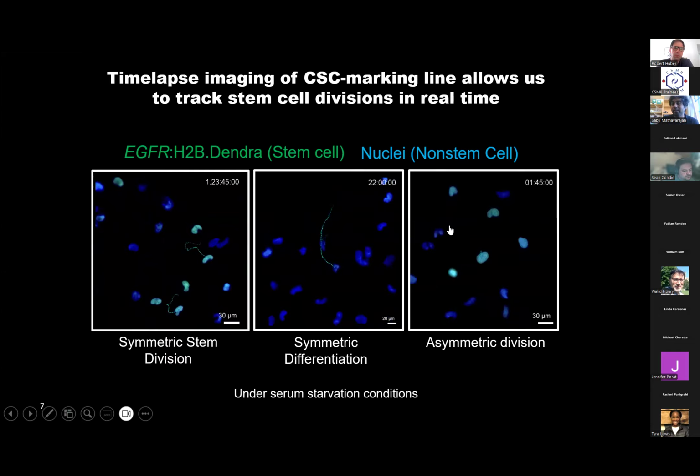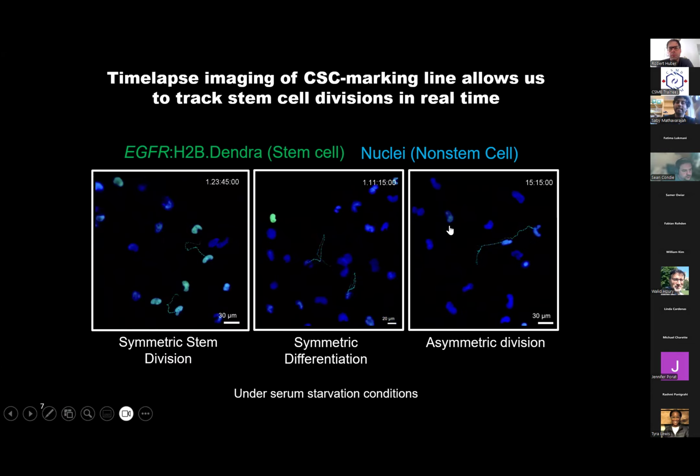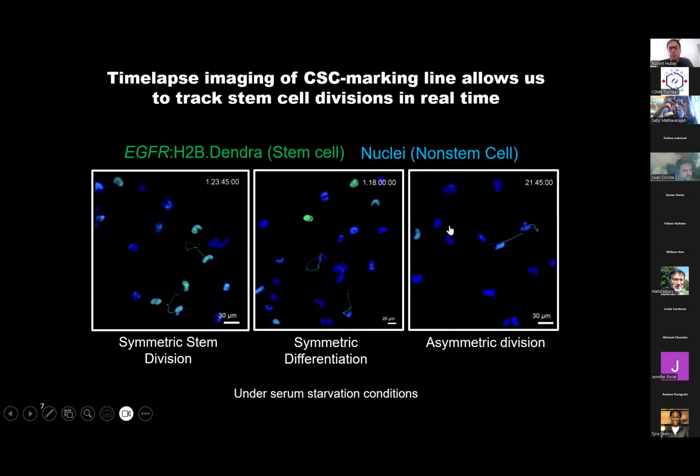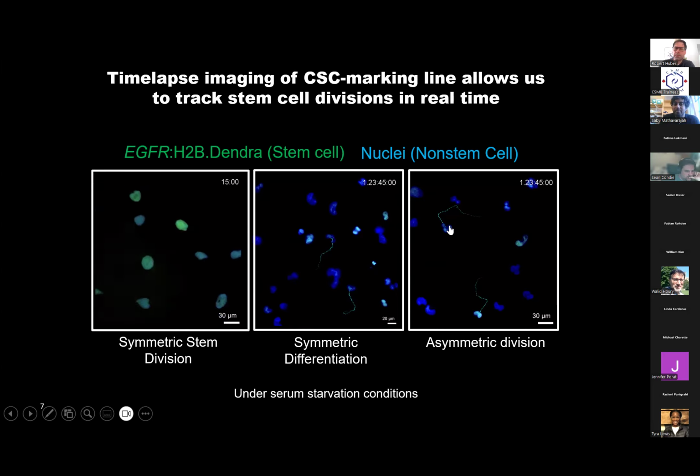And then finally, you can also look at asymmetric division, where one retains that cancer stem cell signal while the other cell becomes differentiated. So you can actually live track this and see how stress might affect the differentiation or division conditions for cancer stem cells. And this was pretty exciting, and it lets us now answer that question of what features or what dynamics are really going on with these cancer stem cells.